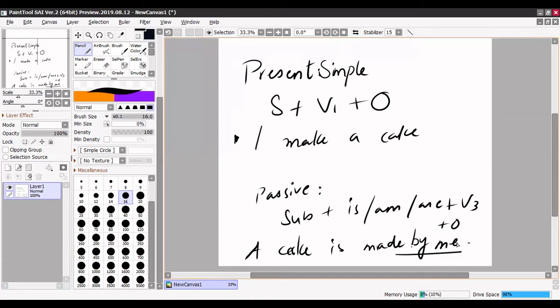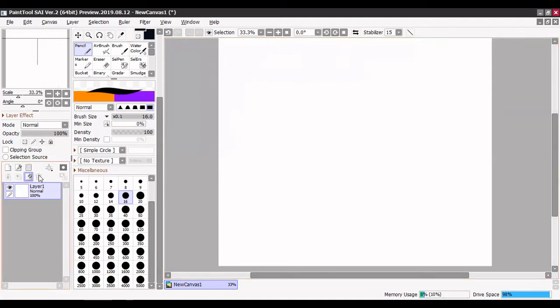It's present continuous. Okay, so we start with the normal, the active tense. It's subject plus am, is, are plus ing form plus object.